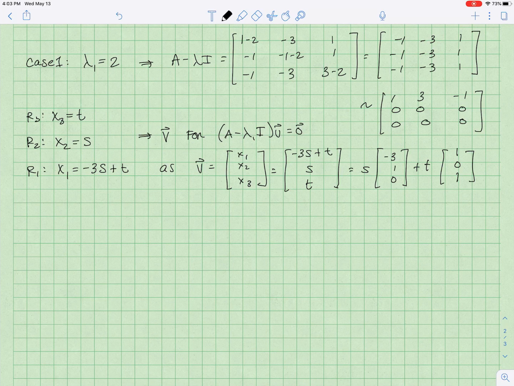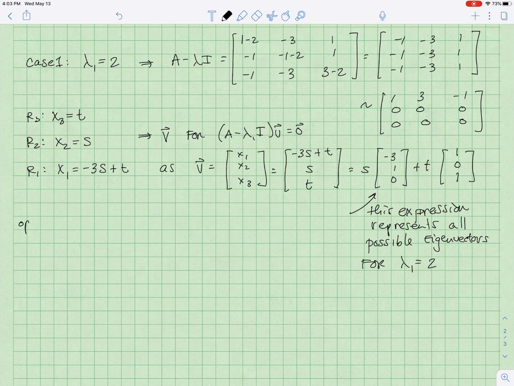So actually, this expression represents all possible eigenvectors for lambda 1 equal to 2. So we can express our answer in two ways. We could do this, option 1.